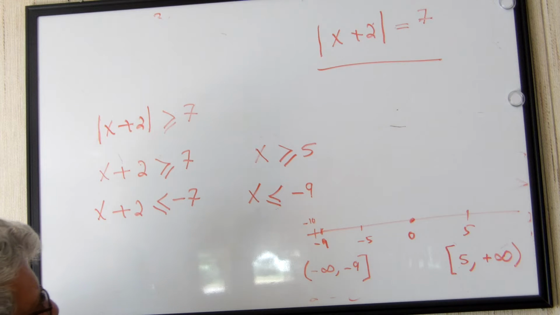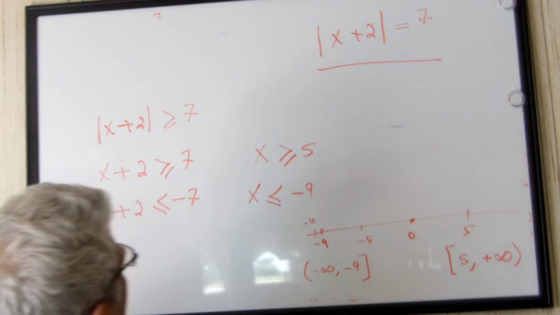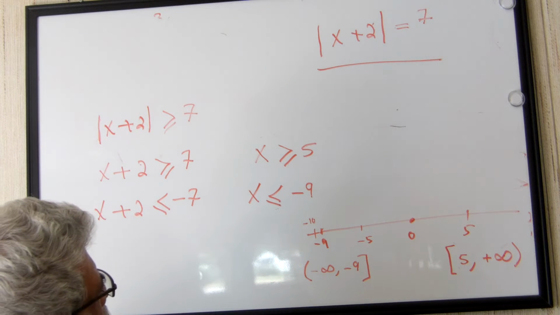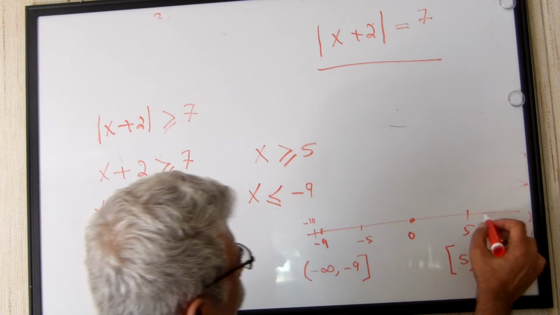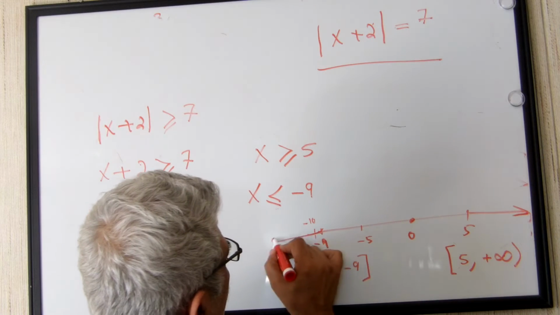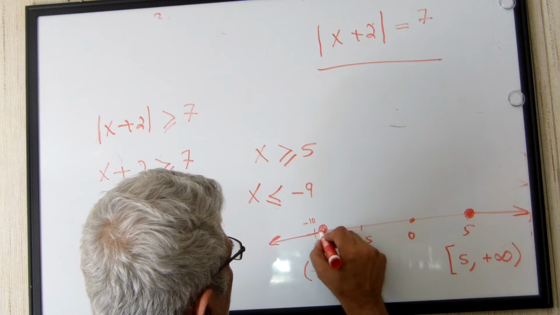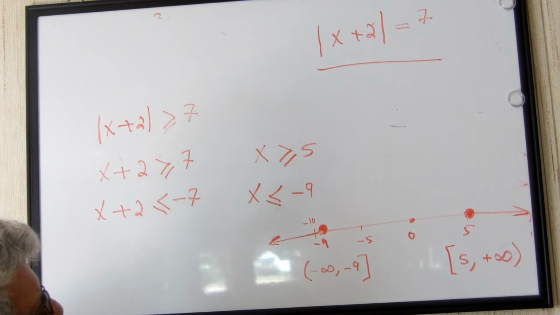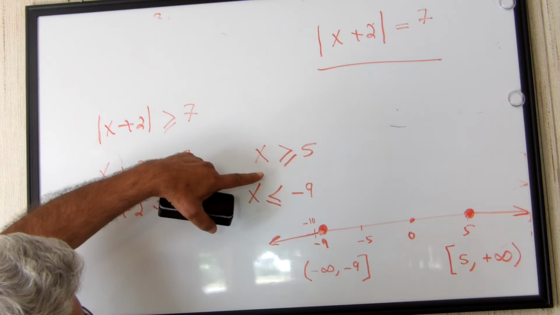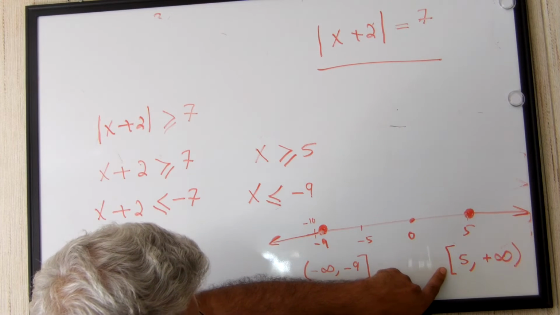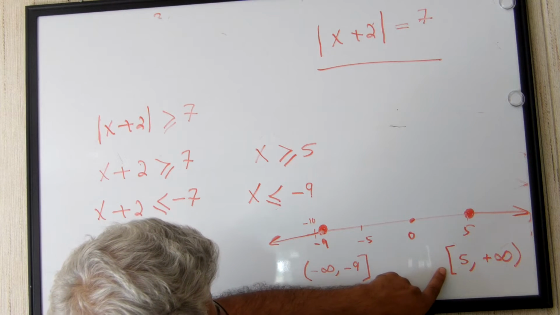With a closed circle, 5 is included. So you have to understand that when x is greater than or equal to 5, it's going to be a bracket because 5 is included.